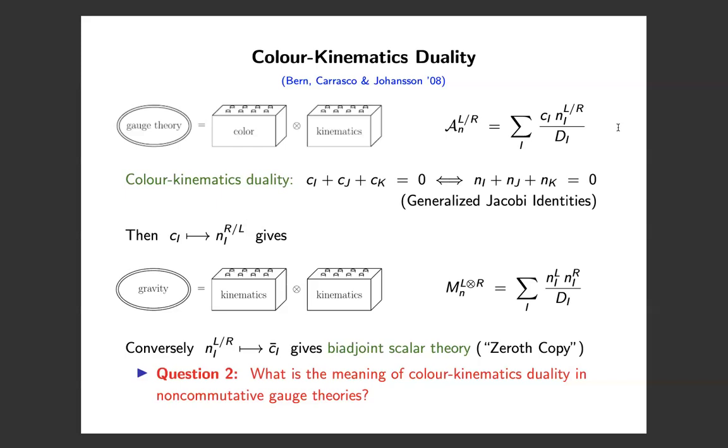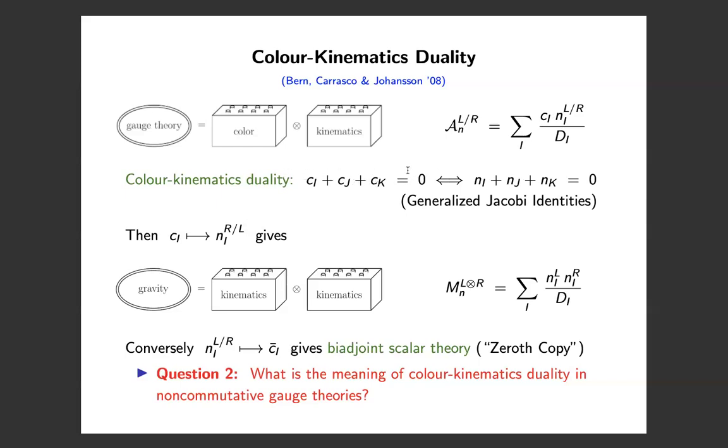Color kinematics duality states that any relation among these color factors will have a mirror relation in terms of these kinematic factors. So for instance, if you write down a 4-point function, you know that there's going to be products of structure constants, and they have to sum up and enforce the Jacobi identity for your Lie algebra.